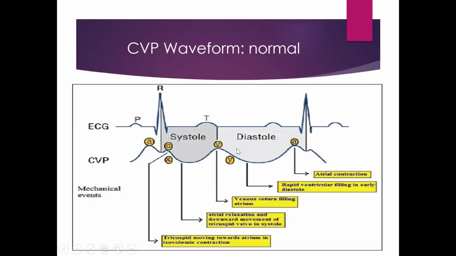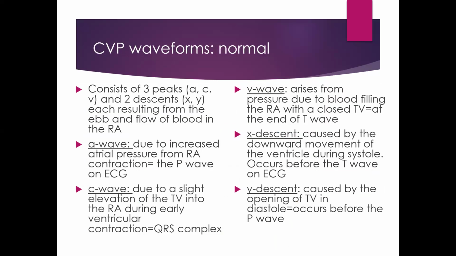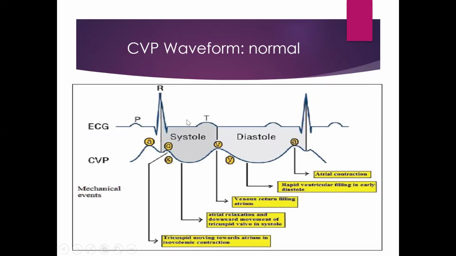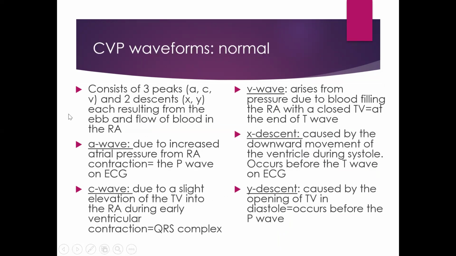A lot of times when you're passing this, you want to see your tracing on your monitor, and this is what a normal CVP tracing looks like. We have 3 peaks, the A, C, V, and 2 troughs, the X and Y, and we're going to look at how they correlate with the ECG, as each of them has importance.